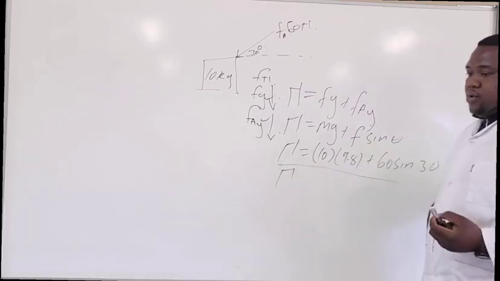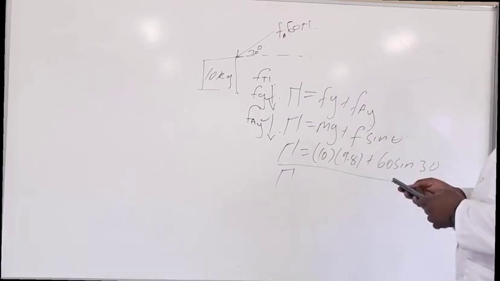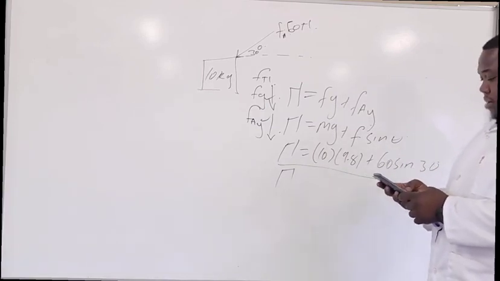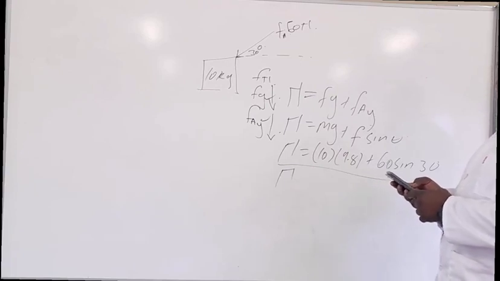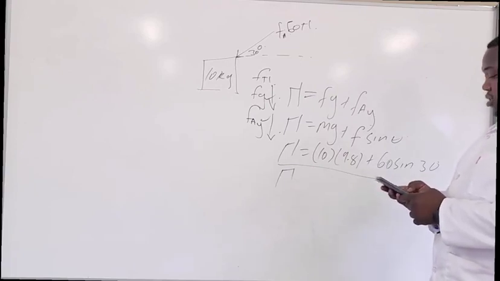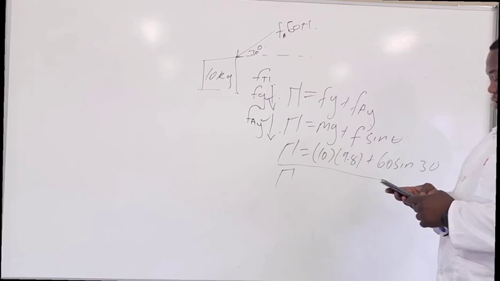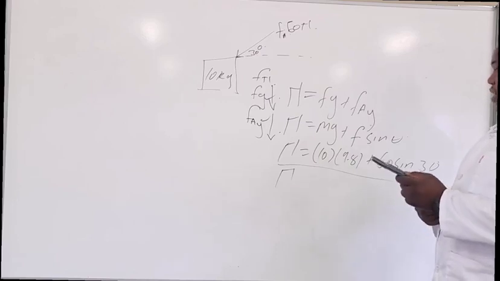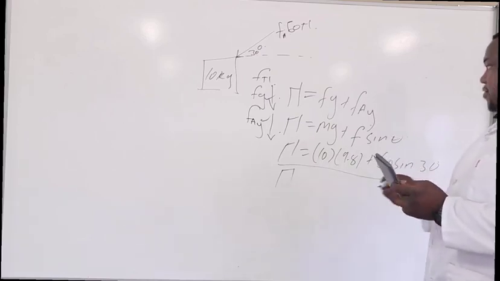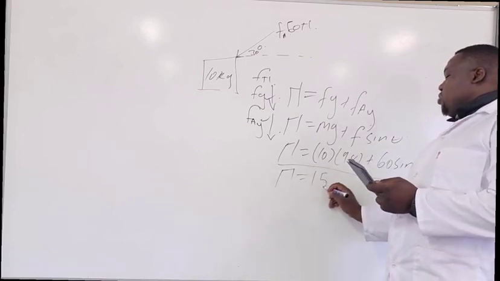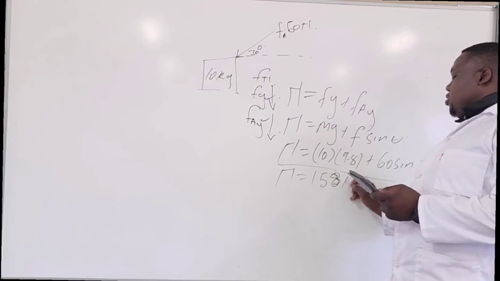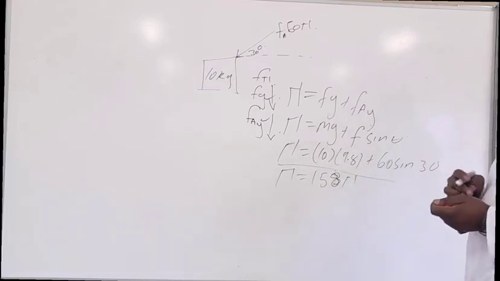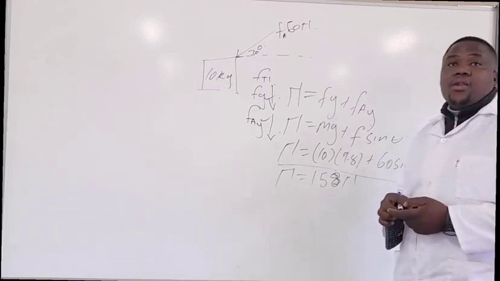Our normal force will become 10 multiplied by 9,8 plus 60 sine 30. Then we get 158. Normal force is 158 Newton. Understand? So that's how we calculate the normal force.